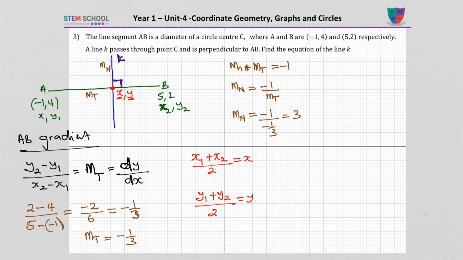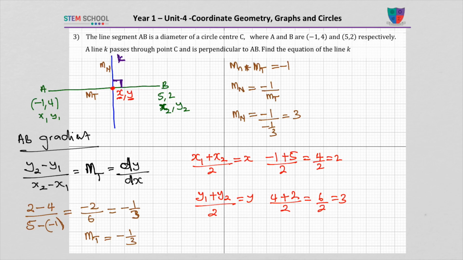So I plug in those values. x1 is -1 plus 5 over 2 equals 4 over 2, which is 2, and y1 is 4 plus 2 over 2, that will be 6 over 2, which equals 3.